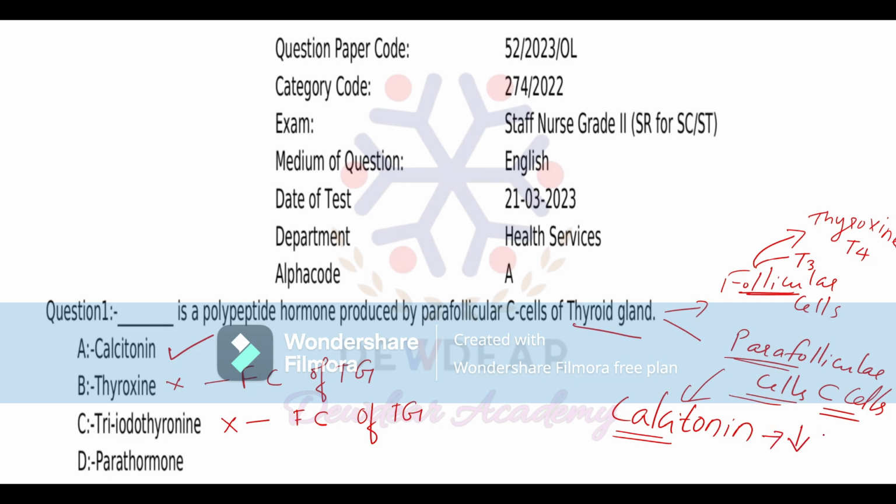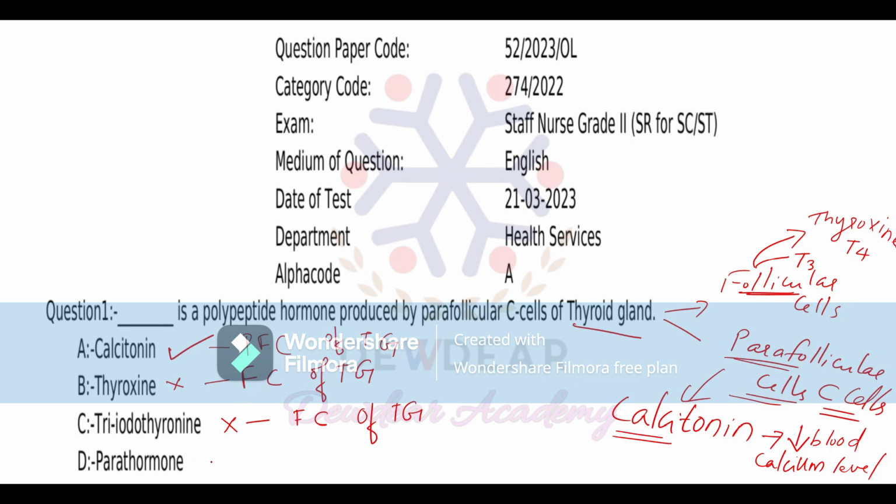So from this it is clear the correct answer is calcitonin because it is produced by parafollicular C cells of thyroid gland.